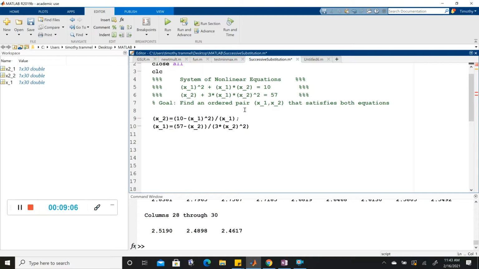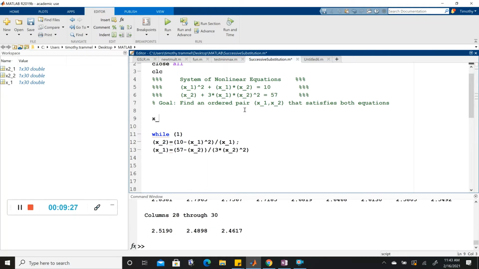And then if we were going to start trying to set up our successive substitution, what we'd really like is to just keep using these equations over and over. So let's generate a while loop. And maybe above it, we'll pick something for x1 and x2.